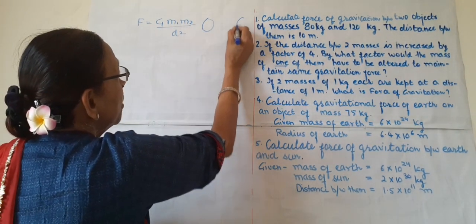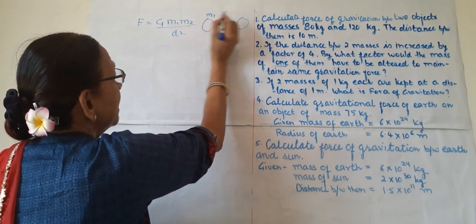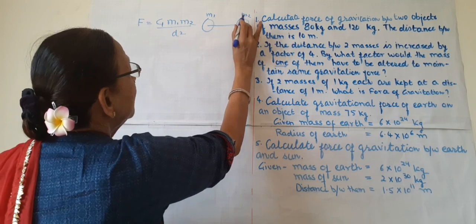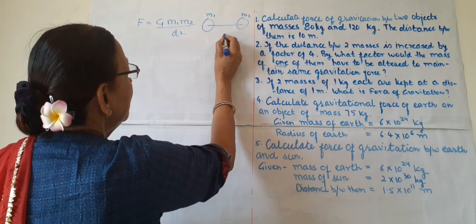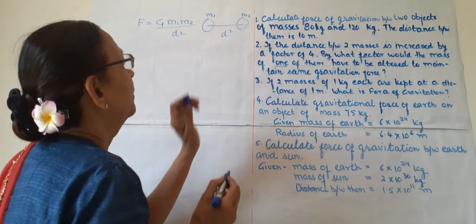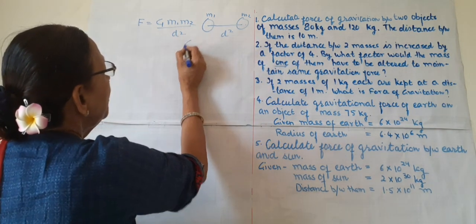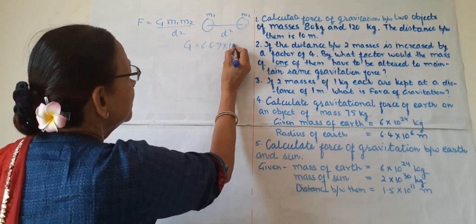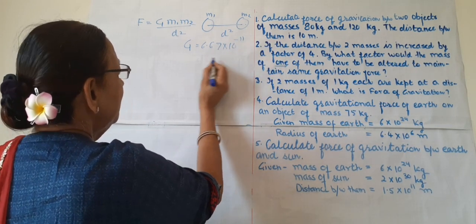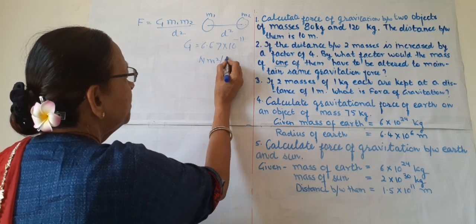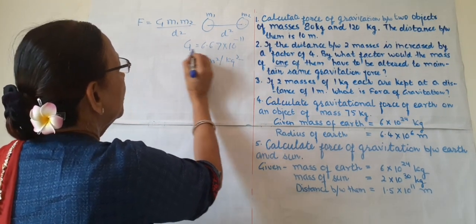Suppose these are two objects, with masses m1 and m2, and the distance between them, center to center, is d, and it is taken as d square. The value of G is 6.67 into 10 raised to power minus 11, and the unit is Newton meter square per kg square.